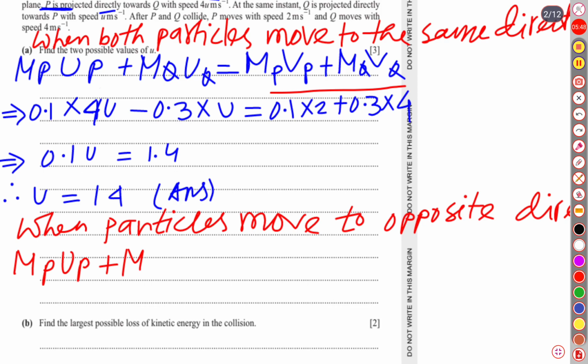is equal to mass of particle P into final velocity of particle P, plus, look at this, the clue word is that the direction is opposite to each other. So instead of the positive symbol, let us change the symbol in the next step.